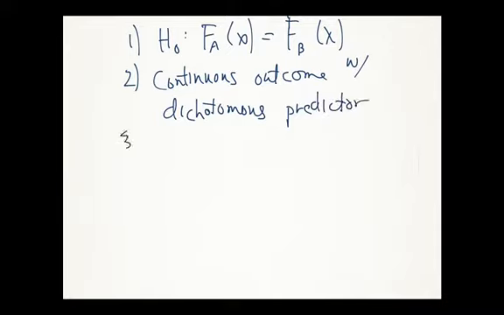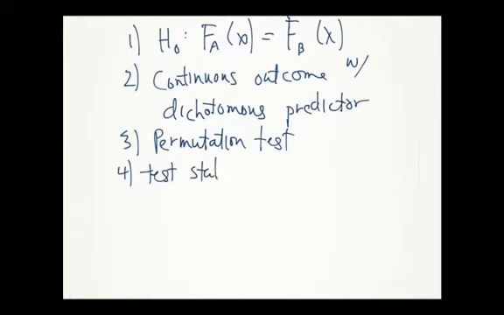Okay, we're using a permutation test. Our test statistic is a mean difference between the two groups equal to 2.34.